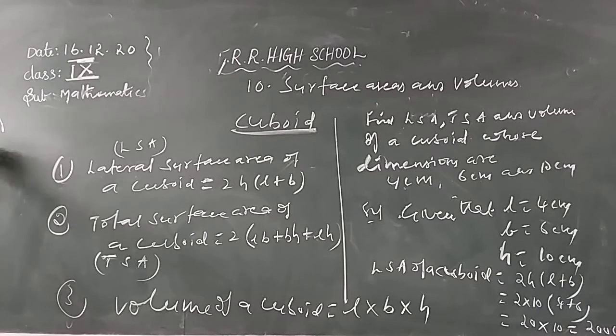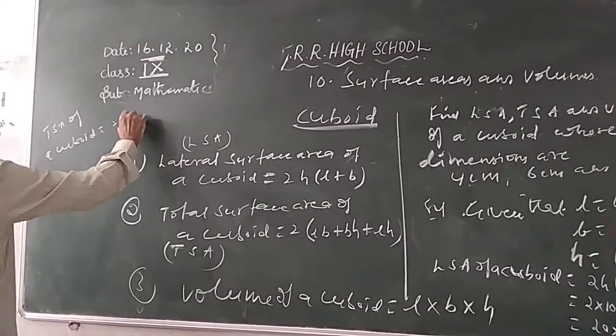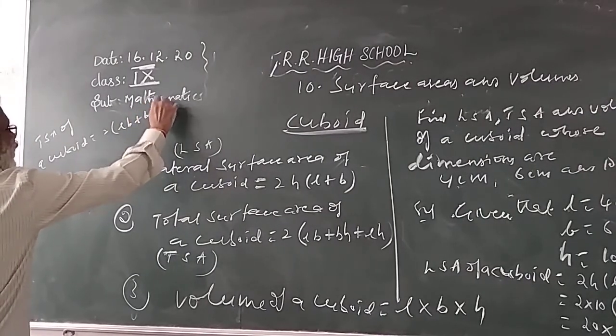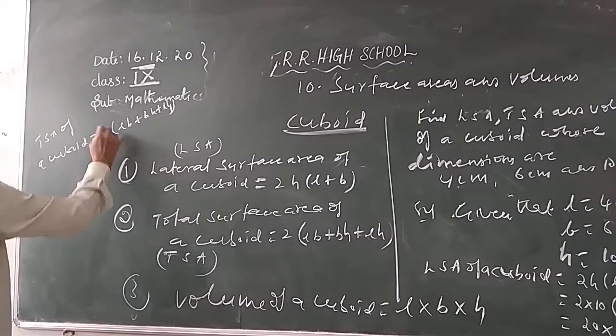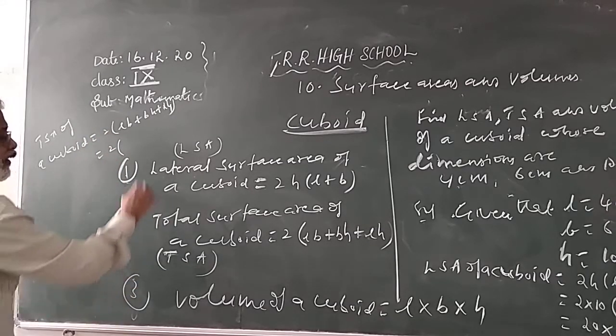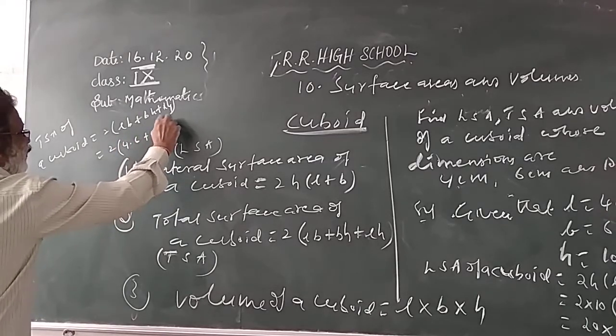Now the TSA of a cuboid. Just substitute in the formula. TSA of a cuboid equals 2 into (LB plus BH plus LH). Write the formula, substitute the values, that's all. L is 4, B is 6, H is 10.